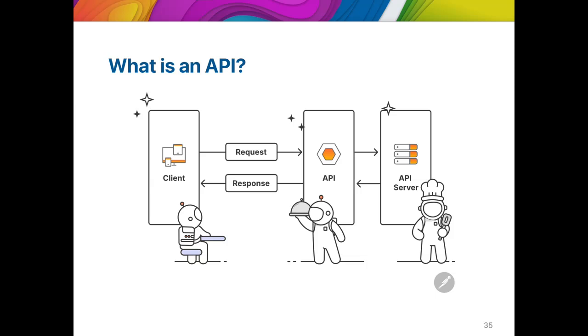So the client, or the customer, requests an order for food or data from the waiter, which is the API, the middleman. Then the API, or the waiter, passes your request to the API server, which is the cook or the chef.